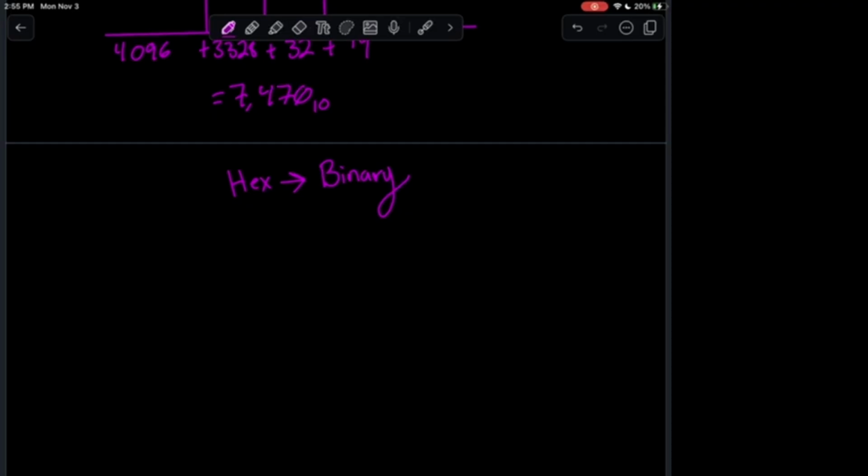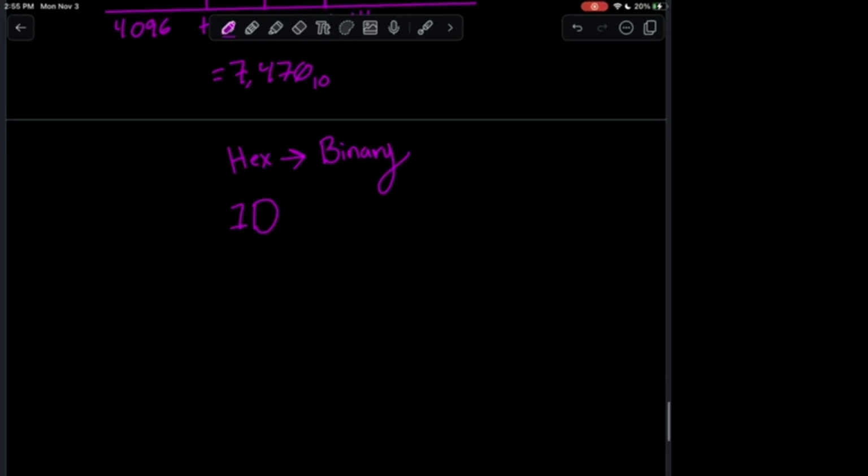Let's just do a simple one, 1D. We know what 1 is represented by in binary. 1 is the first digit in a binary system. Everything is also done in groups of 4, so it would be 0, 0, 0, 1.